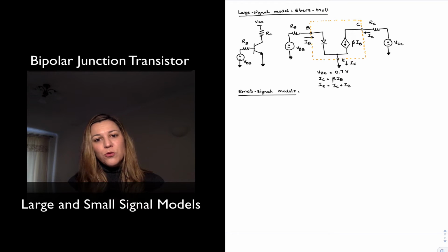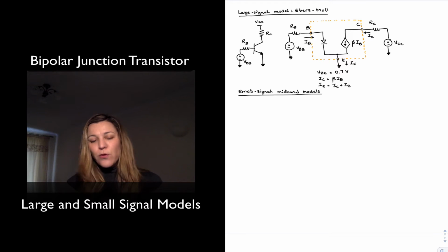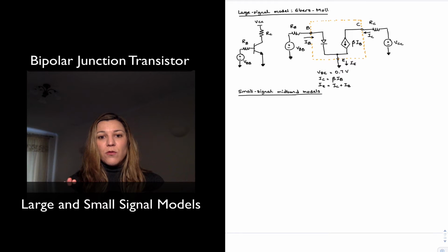And I perhaps should characterize that and say these are small signal mid-band models. And I'm actually going to make that correction. The reason for that is that these models are going to represent the behavior of the transistor within the mid-band region, meaning when we are talking about signals that are in the passband frequency of the transistor.